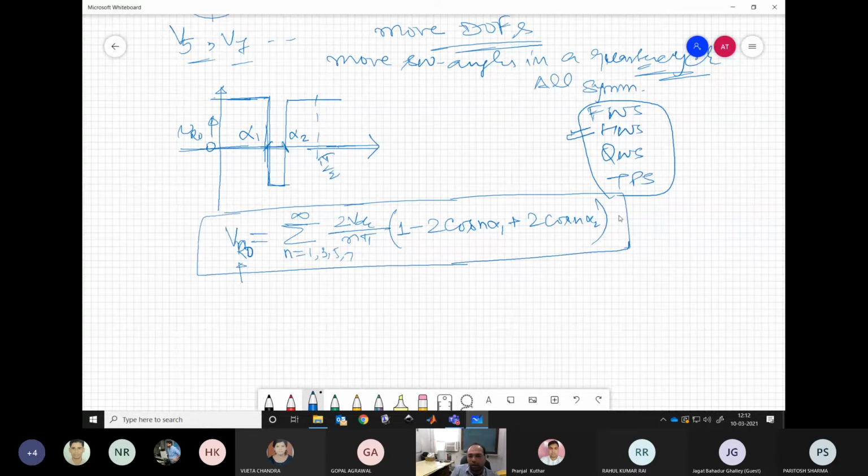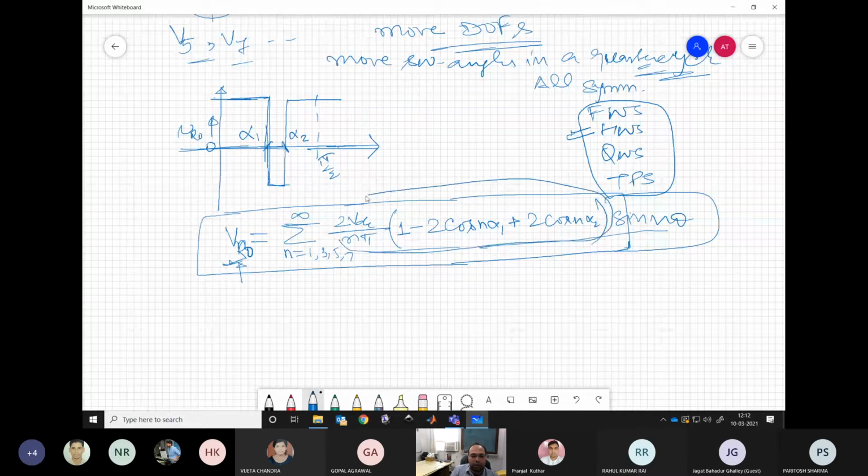You can add now here sine n theta, then it becomes your VRO voltage. So each and every harmonic has this amplitude, multiplied by the corresponding sine n theta. So this gives the component for that harmonic, and then the sum of all is actually giving the VRO.